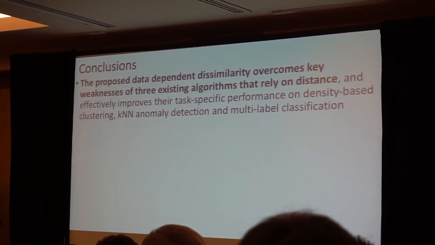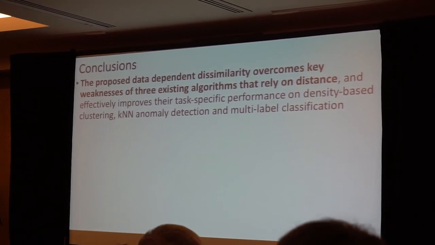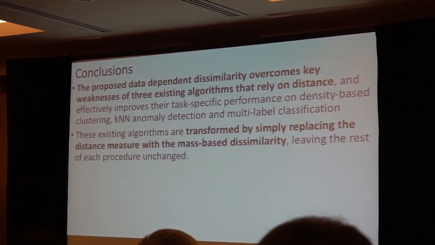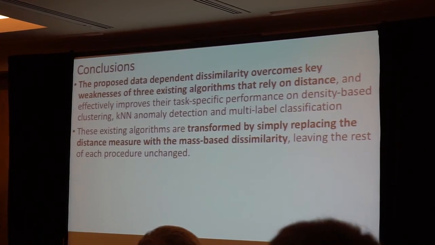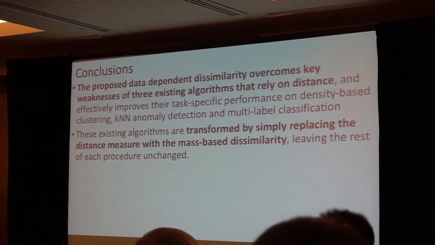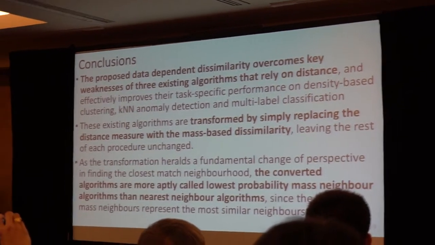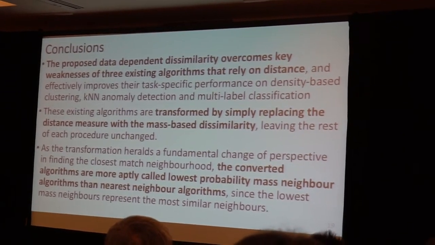So, conclusion: the proposed data-dependent dissimilarity measure overcomes the key weaknesses of three existing algorithms that rely on distance. And what we show here is that you can transform your existing algorithm by simply replacing the distance measure with a data-dependent measure. The transformation, in fact, is a fundamental change of perspective, as I showed you earlier.